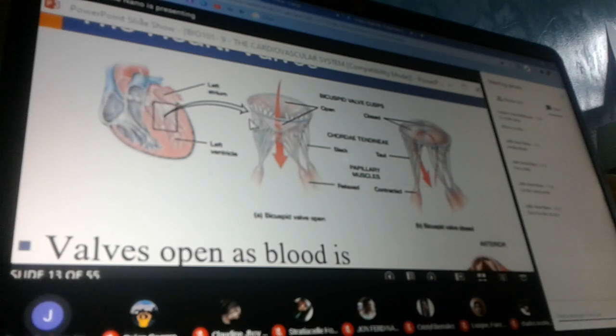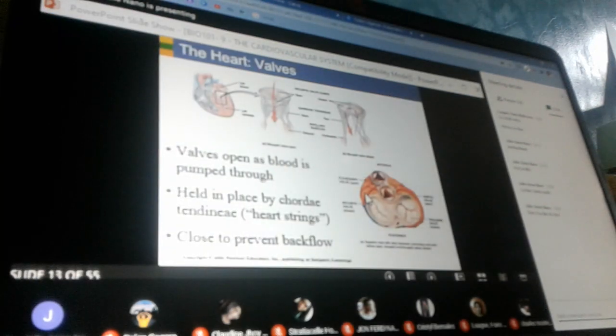So, yan yung itsura ng ating valve. So, valves open as blood is pumped through. Okay? So, nag-open yung valve kapag may papasok na blood. Now, once na nakapasok na yung blood class, dapat mag-close yan siya. Okay? Mag-close lang siya para ma-prevent yung backflow, para hindi mag-backflow yung ating blood pabalik doon sa previous na chamber.